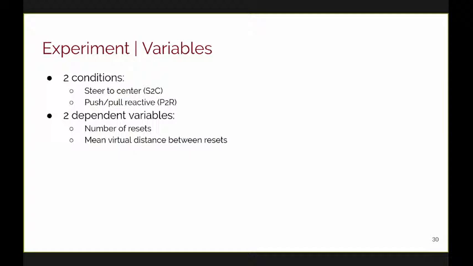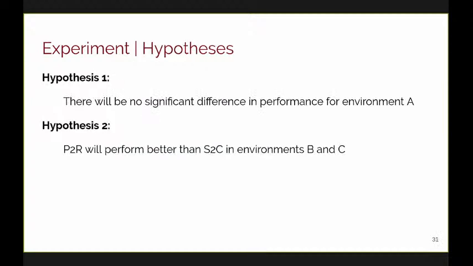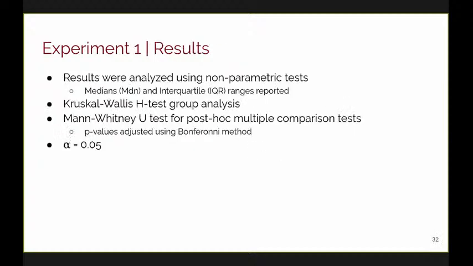As mentioned, we had two conditions, and we had two dependent variables, the number of resets and the mean virtual distance traveled between resets. Our first hypothesis, as I alluded to earlier, was that there will be no significant difference in performance between the two algorithms for environment A. And our second hypothesis was that push-pull reactive will perform better than steer to center in both environments B and C. Our results were analyzed using non-parametric tests, as they were not proven to be normally distributed.